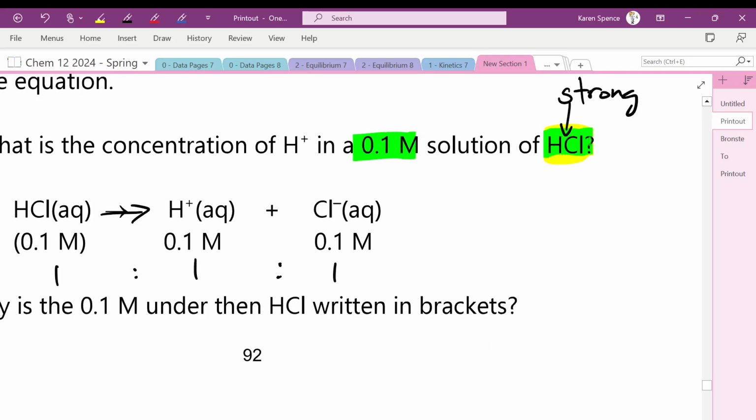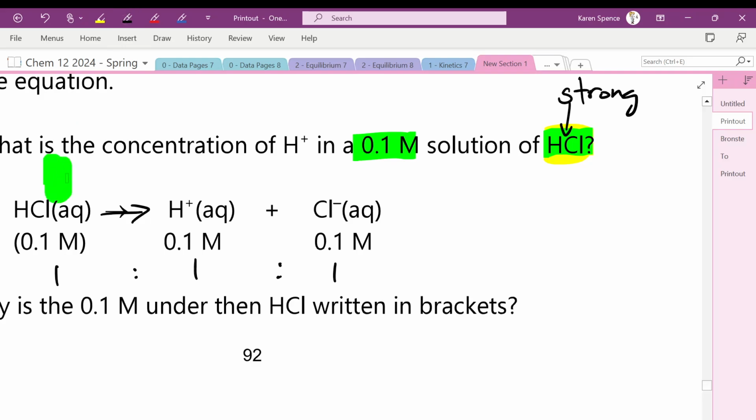Did that refer to our initial concentration of HCl, or did that refer to the concentration of HCl that's actually in the solution? That's our initial concentration, because really, how much HCl is there together? There's none of it, right? It's all dissociated, right?